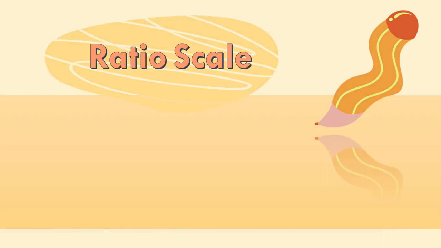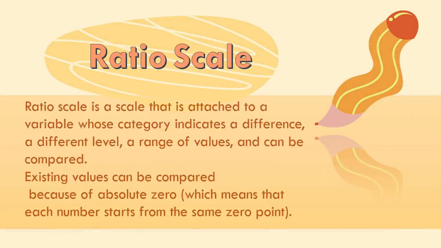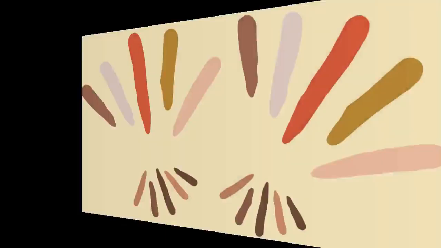Ratio scale. Ratio scale is a scale that is attached to a variable whose category indicates a difference, a different level, a range of values, and can be compared. Existing values can be compared because of absolute zero, which means that each number starts from the same 0 point.